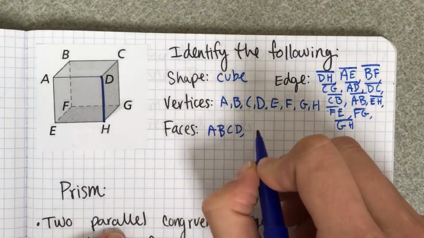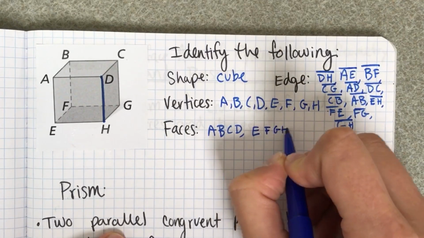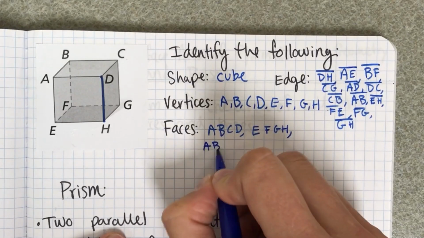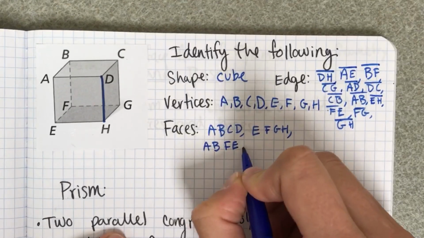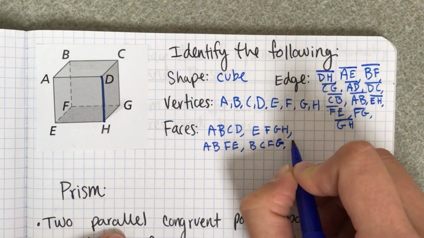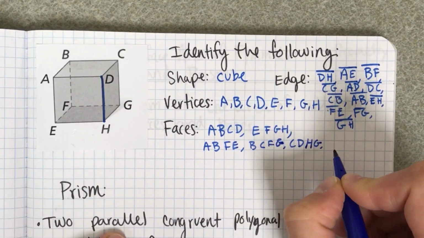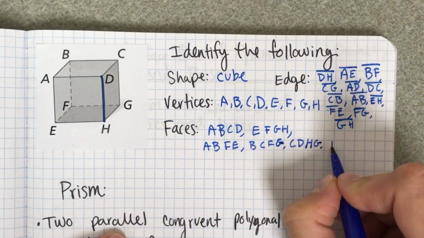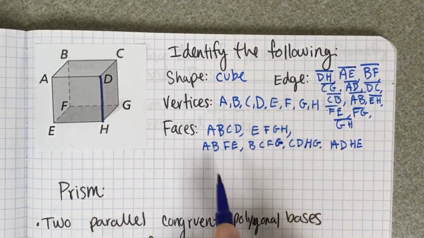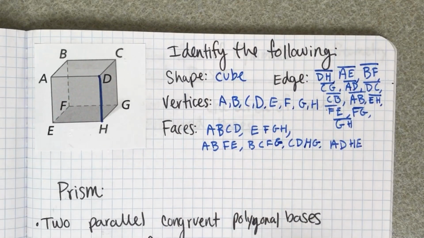So we've got our top, and our bottom, and then we can do all of our sides. And we've got all of our 6 sides.